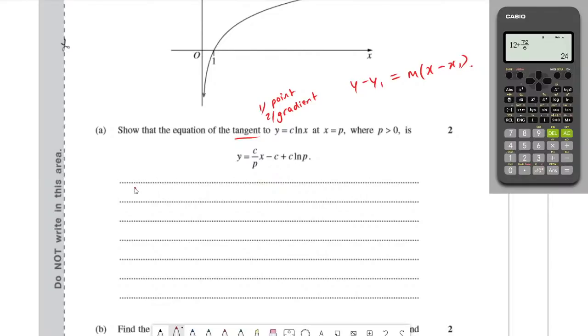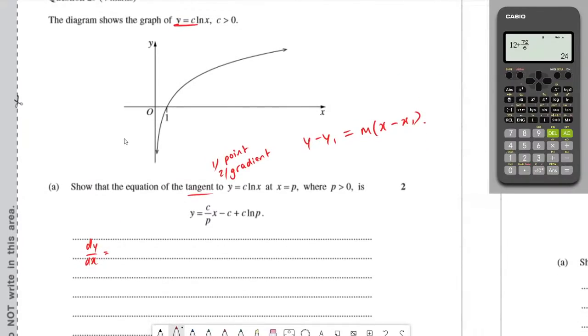So what we're going to start off by doing is working out what our derivative is, substitute our point in, and that should give us the gradient at that point. So if y is equal to c natural log of x, then our derivative is going to be c on x in that case.